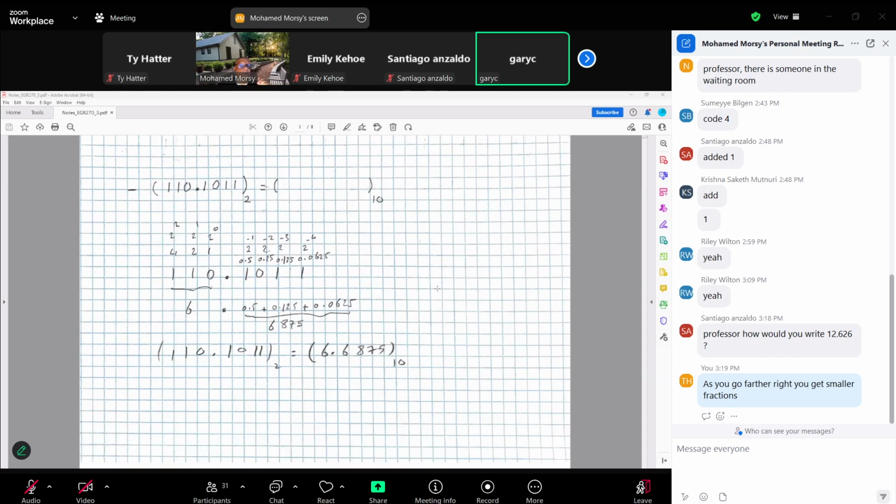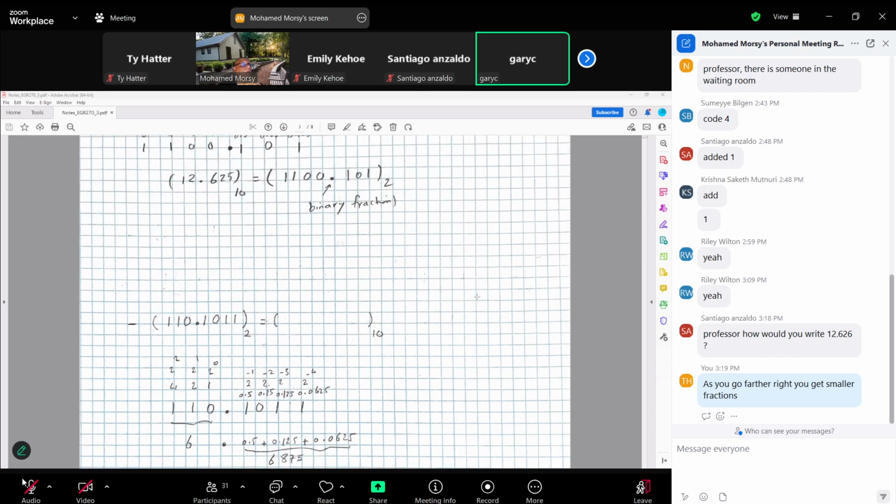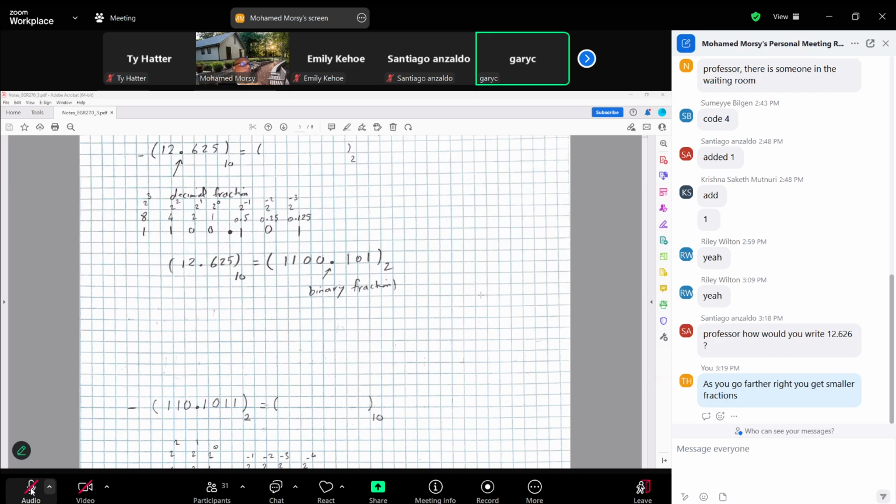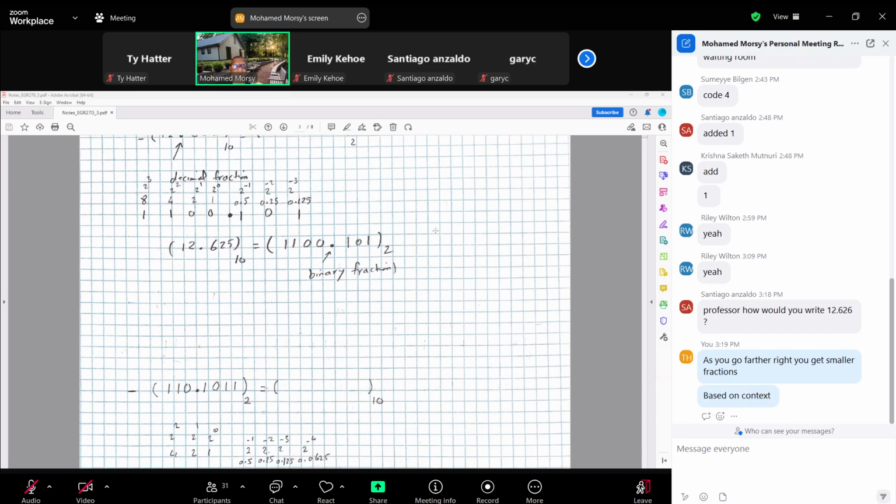Professor, one question. How does the computer store the decimal point? It is based on the central processing unit in the computer, on the way you programmed your CPU, so the numbers are stored.